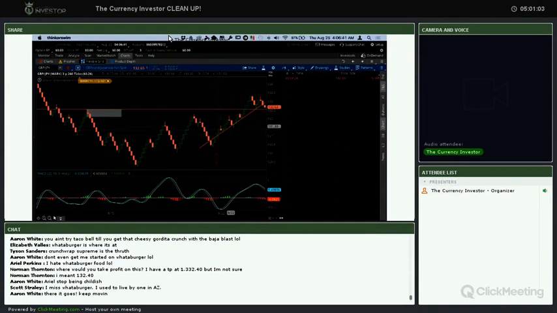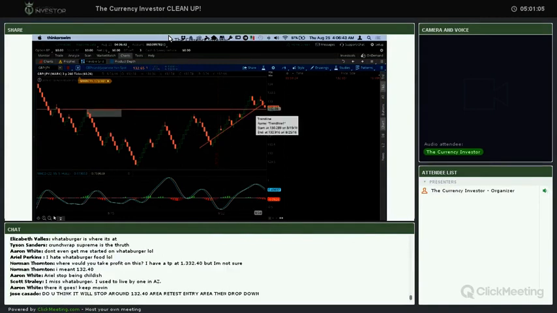These are all potential orders. Price needs to drop into those. 132.40 is 132.40.